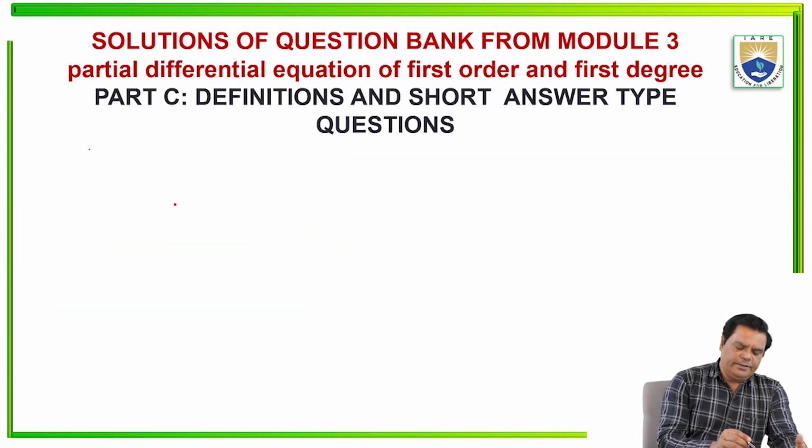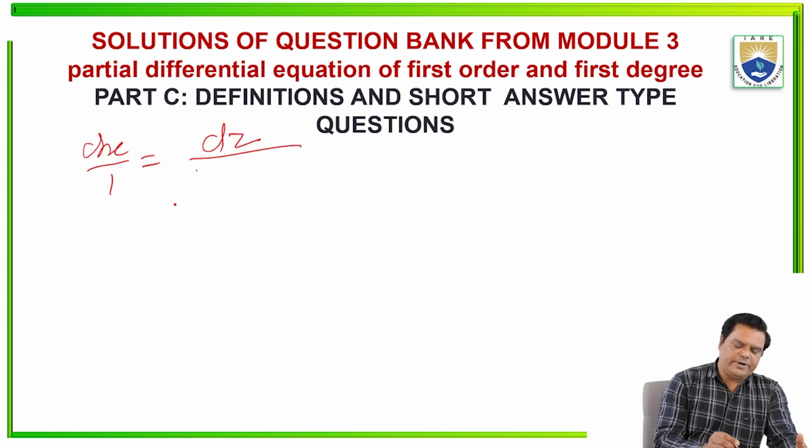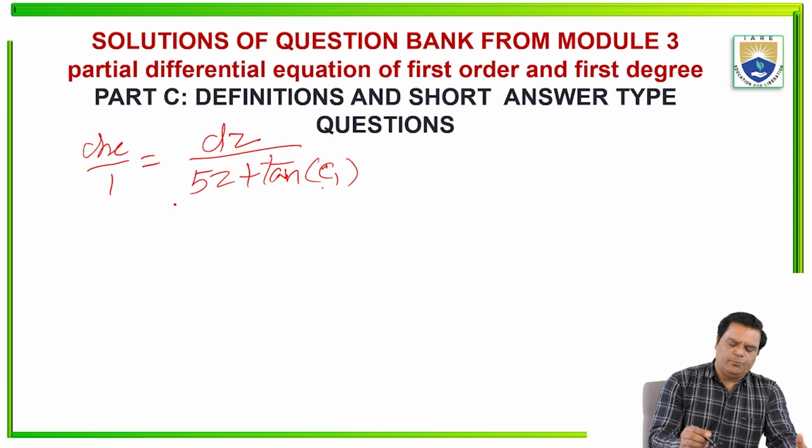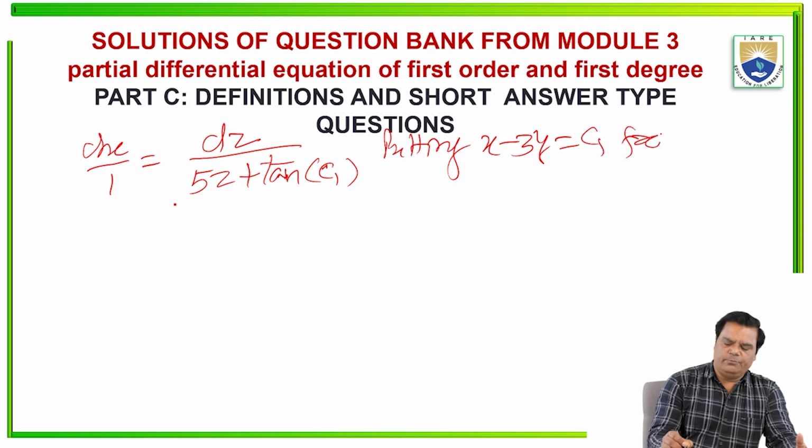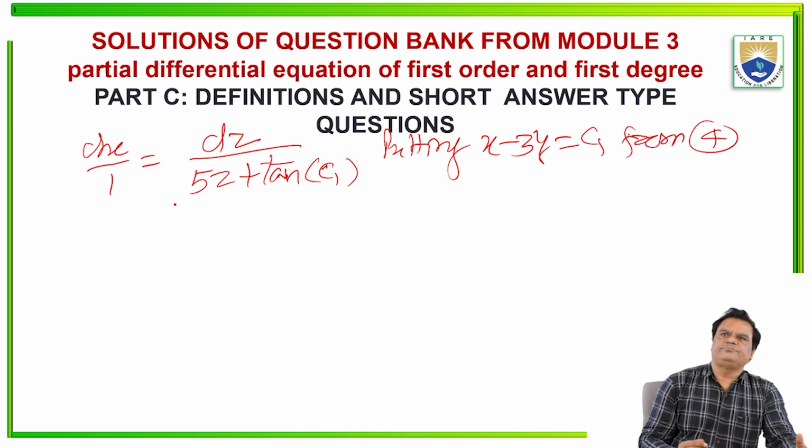So here dx upon 1 equal to dz upon 5z plus 10 c1, putting the value of x minus 3y equal to c1 from equation 4.